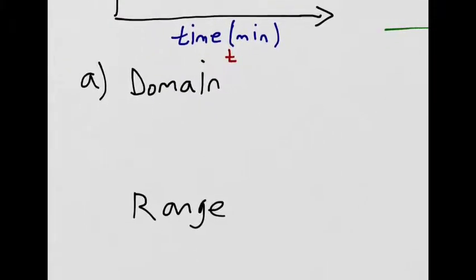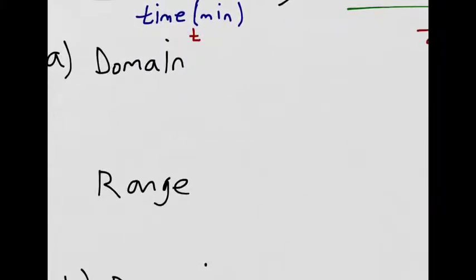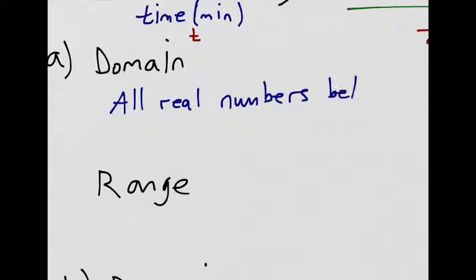So the way we represent the domain in this case is we say all real numbers between 0 and 20. All real numbers between 0 and 20.